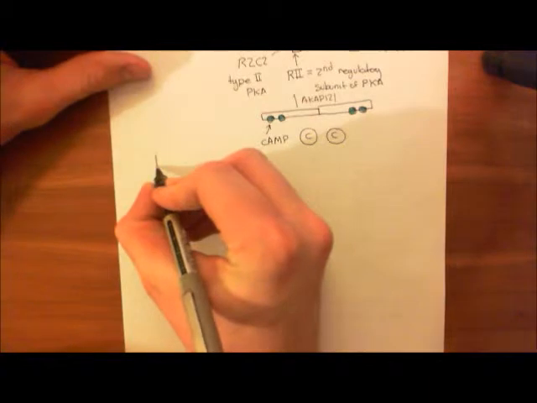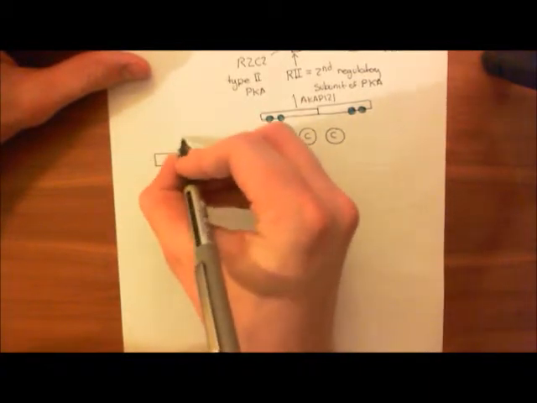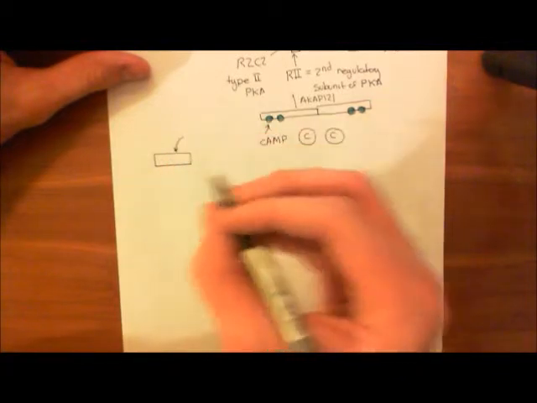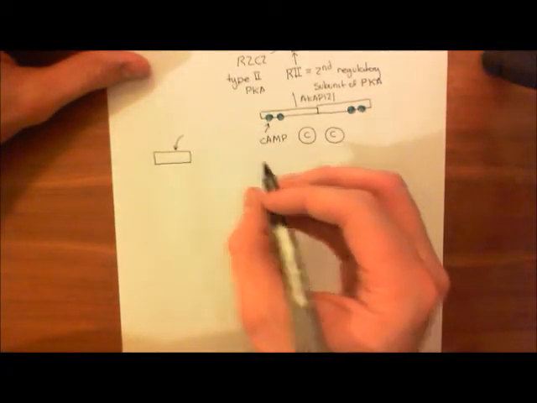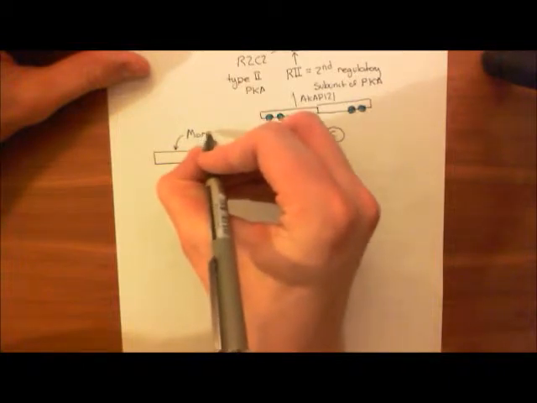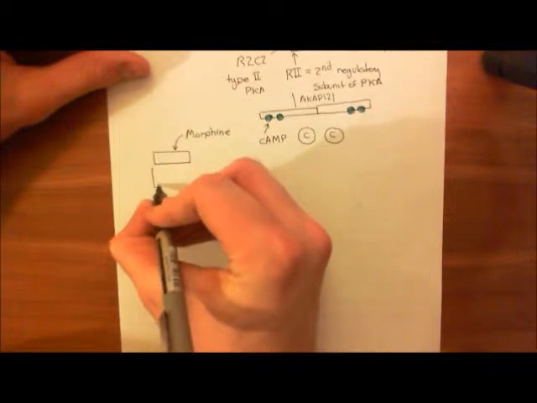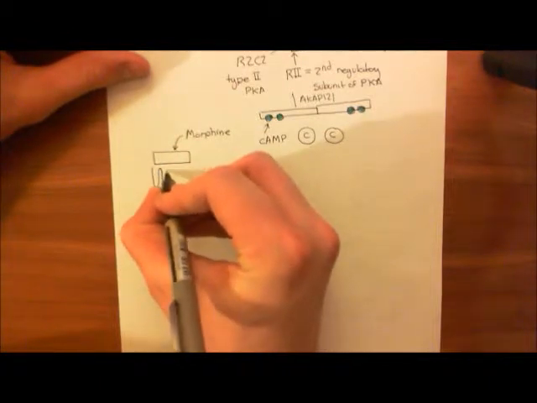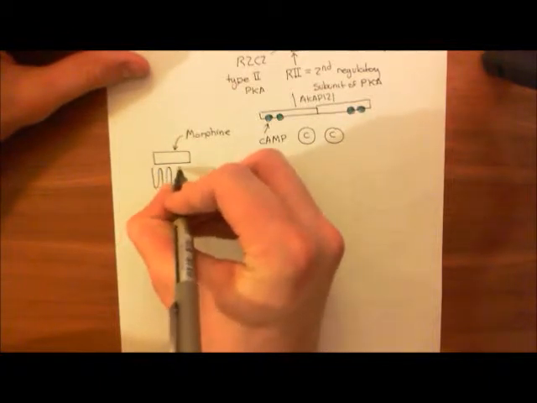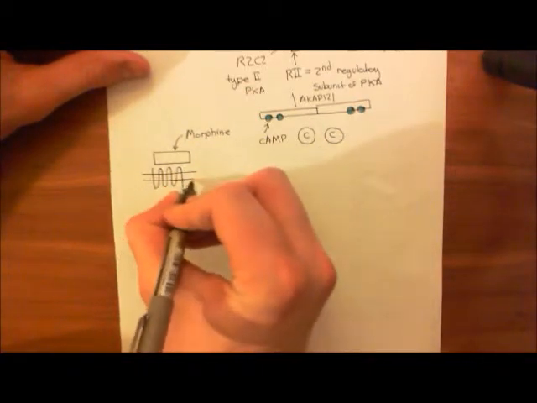Okay, so morphine basically is an agonist for a G protein coupled receptor that is coupled to the GI protein or the GO protein. So which G protein coupled receptor is it? It's the mu-opioid receptor.